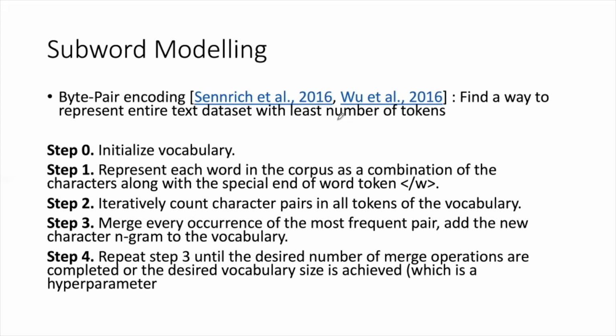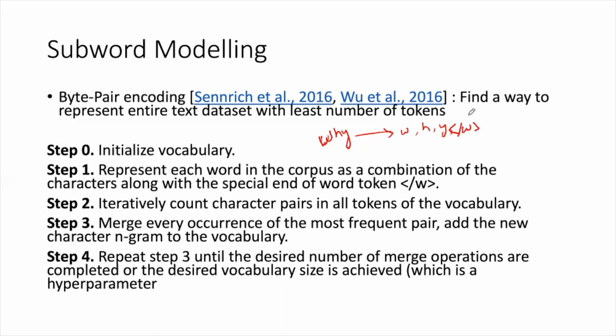For example, let's say you have a word called why. We represent this word in terms of the characters or subwords which we have in the vocabulary. Initially, since our vocabulary contains only characters, the word why is considered as w, h, y, and along with it we also append an end token.